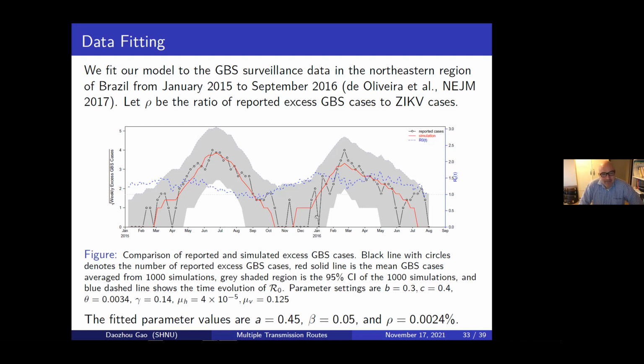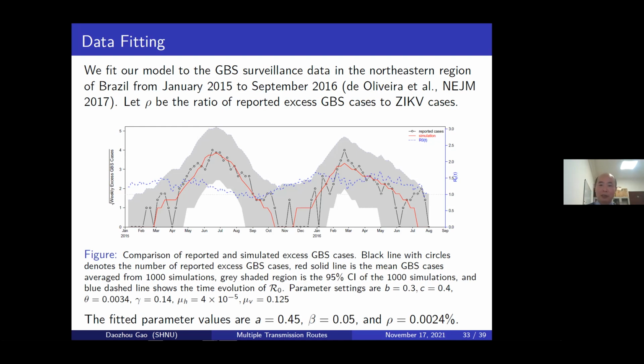So you are using GBS, which is another disease caused by Zika. And the data for GBS are much better than for Zika? Yes, the data for GBS is much better because the GBS symptoms are easy to see.